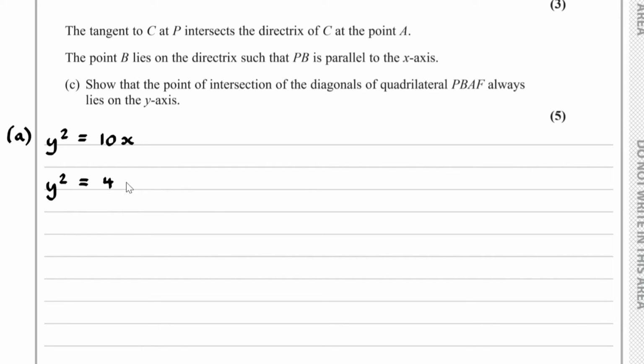Now 4 multiplied by 5 over 2 will give the 10, and this is being multiplied by x. So the value of a is 5 over 2, and therefore the coordinates of F are 5 over 2, 0 as the coordinates of the focus.